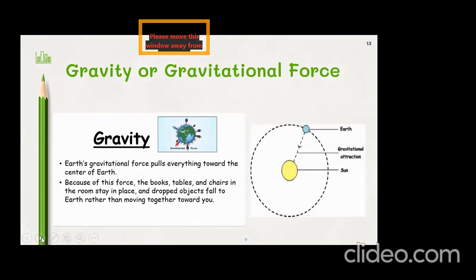Everything stays at its place on the surface of the Earth. When we try to throw them in the air, they come down towards the surface of the Earth due to gravity, or the gravitational force of the Earth.